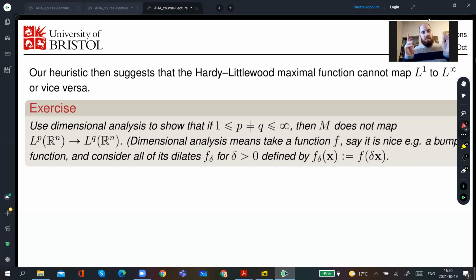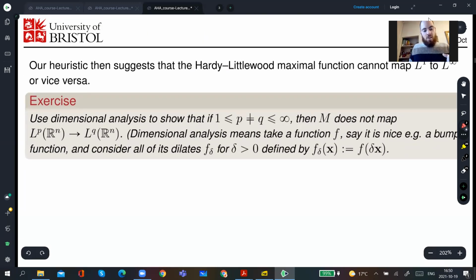And so I will rescale my function so that, say, it's supported between minus delta over 2 and delta over 2. But I'm going to keep the LP norm preserved, so I'll scale it by an appropriate power of delta. And then when you do, you can get the same lower bound for the maximal function that you had before, and you can just compare LP and LQ norms. And you can show that the ratio would have to go to infinity if you consider this family of functions where the family is defined for all delta greater than 0.